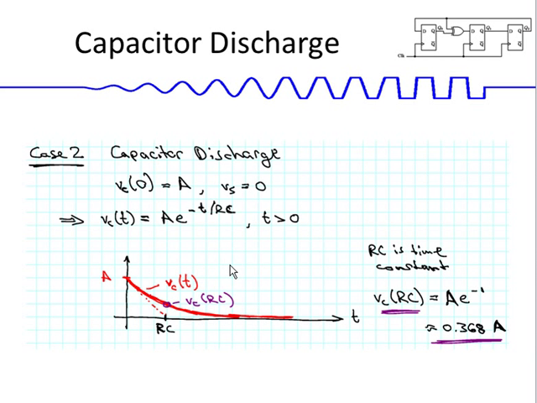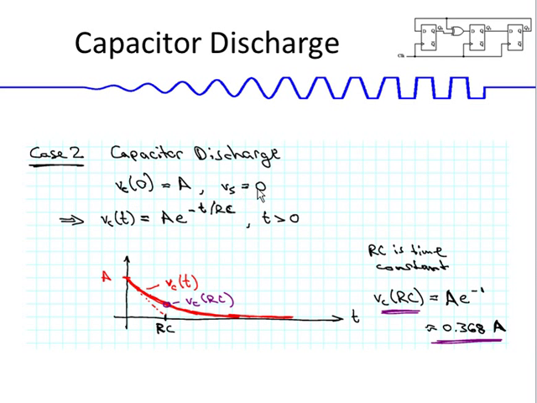The second case is capacitor discharge. So now we're setting the initial voltage across the capacitor to A. Let's assume we have been charging it up to A first, and now we're discharging from that value A, and we set the voltage of the DC source equal to 0, which basically means we make a short circuit across that voltage source, and we're discharging the capacitor through the resistor.